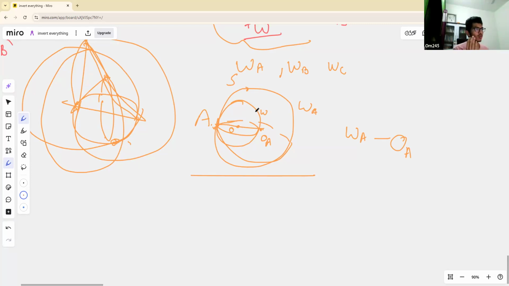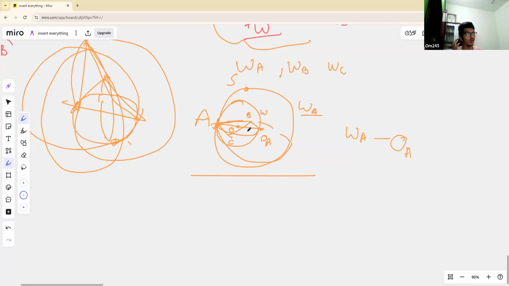So let me repeat the thing. We have omega and omega A, and they are tangent at A, and omega A passes through S also. We know the center of omega lies on the plane ABC, and because they are tangent at A, the same thing works. If you consider the homothety at A which sends omega to omega A, the centers map to each other.